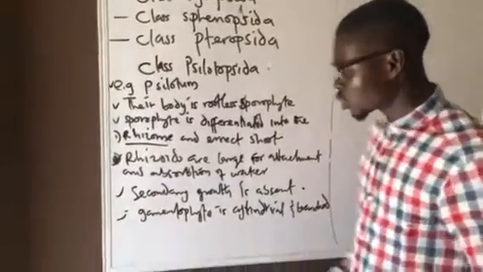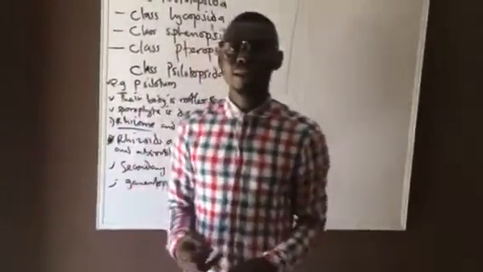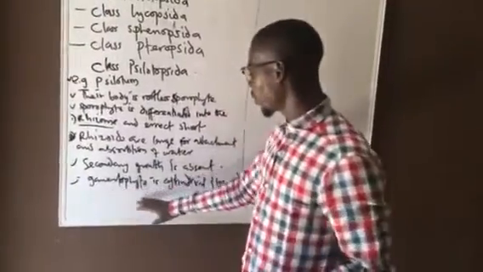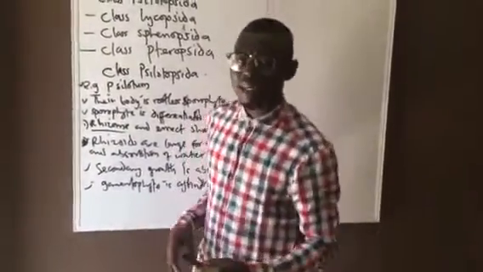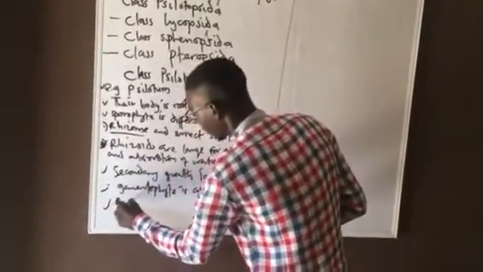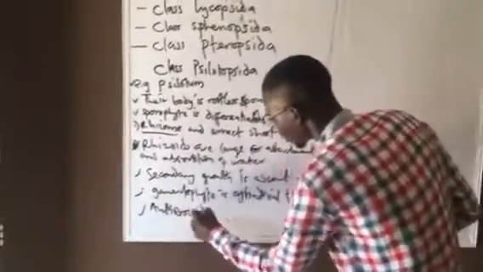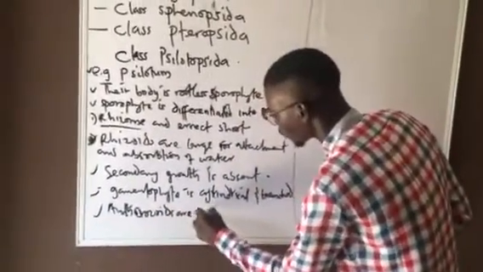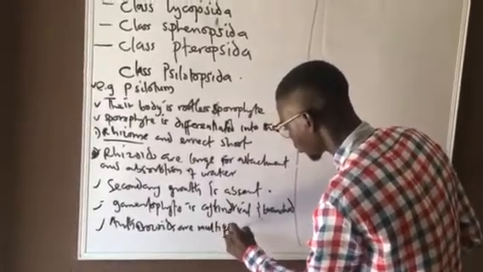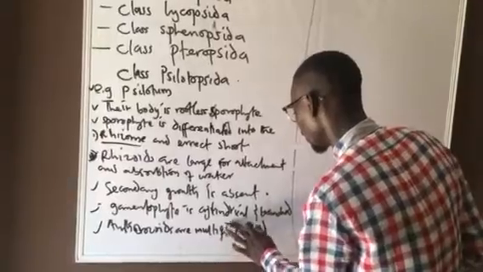Okay, so in this group their gametophyte is cylindrical, and their gametophyte produces the antherozoids, and their antherozoids are usually multiflagellated.